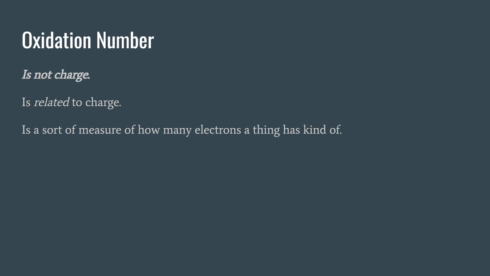Oxidation number is not charge. It is related to charge. It is kind of a measure of how many electrons a thing has, related to the number of electrons it has in the neutral atom.